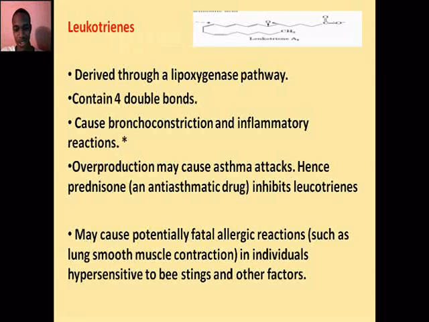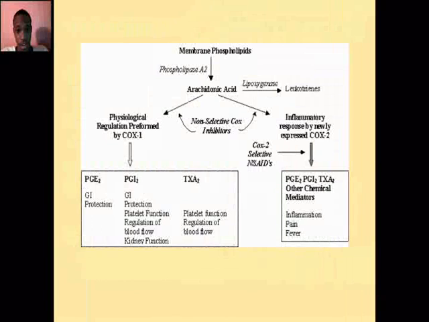Now, leukotrienes may cause potentially fatal allergic reactions such as lung smooth muscle contraction in individuals who are hypersensitive to bee stings and other such allergic factors. So you see, leukotriene overproduction could be very dangerous, and as such, people who have these kinds of attacks would have to use things like prednisone for asthma, etc. Okay, so that's just one thing.